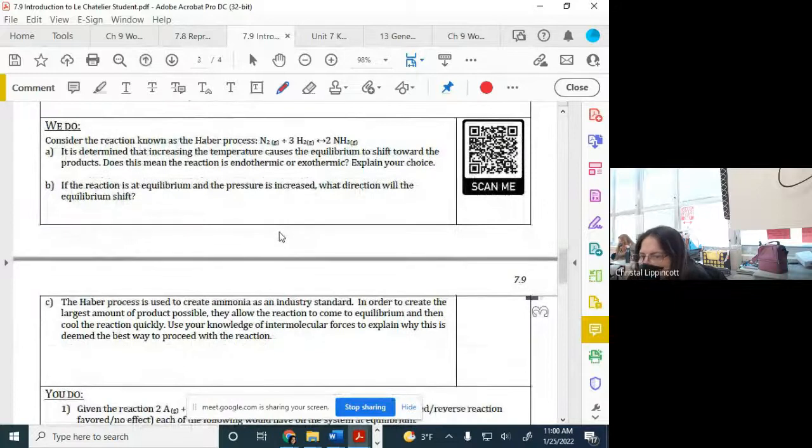All right, Haber process. If you want to do some interesting historical, scientific reading, this Haber process is actually fascinating. This is one of the processes that has allowed the world population to get as large as it is. Prior to this Haber process, there was a lot more famine around the world than there is now, because what this allowed us to do was create fertilizers where we had very little in the past.